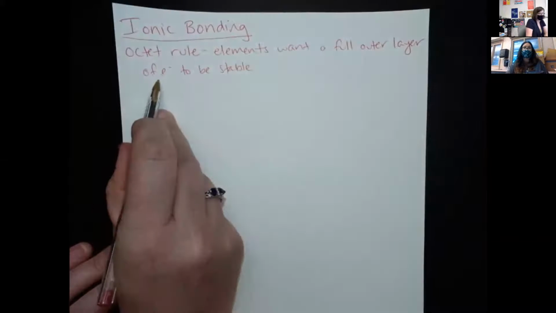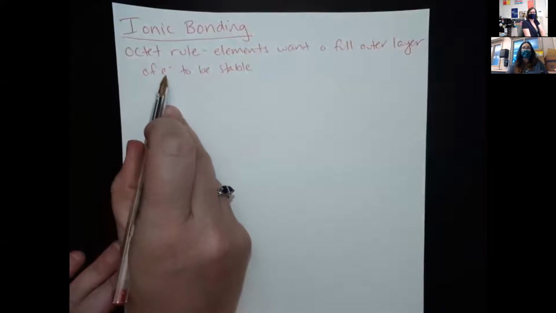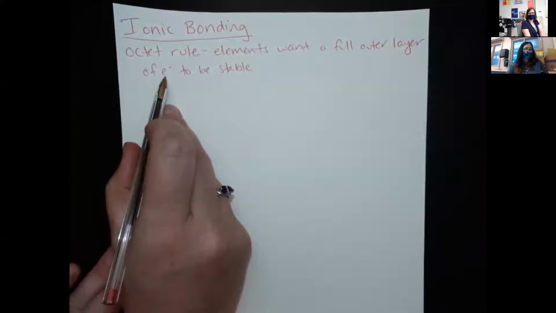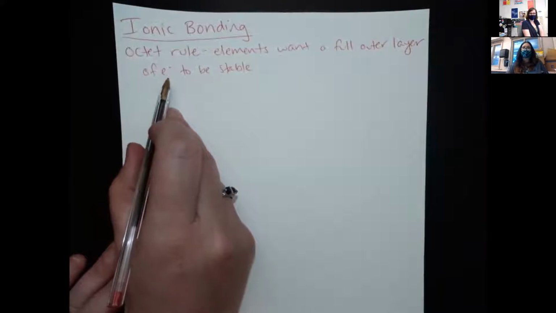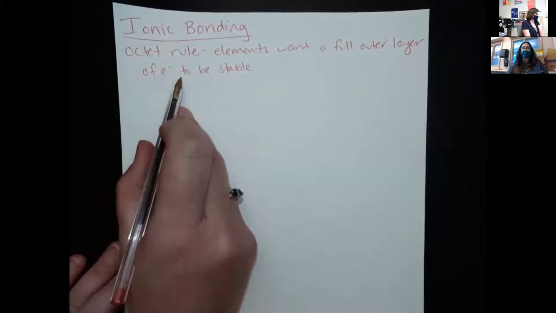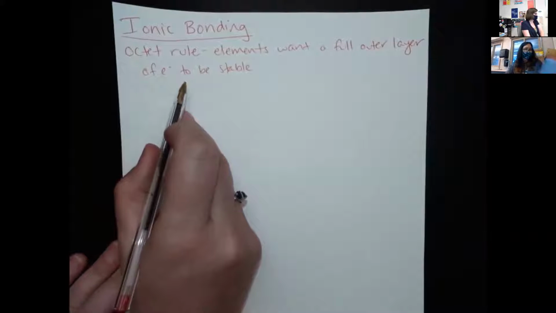By the way, to abbreviate, I just write e with a negative, because that's the abbreviation for electrons. All of you at home, I do have my chat box open. If you need to ask any questions, feel free to type in the chat.